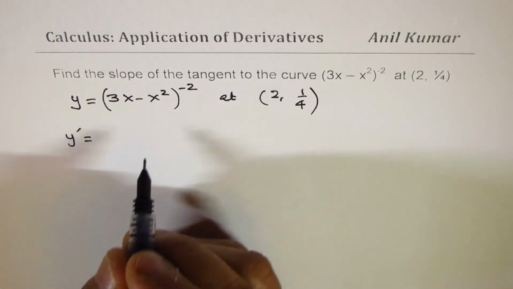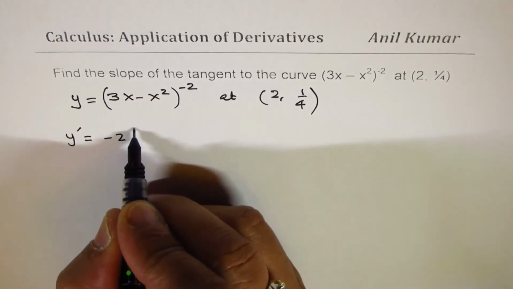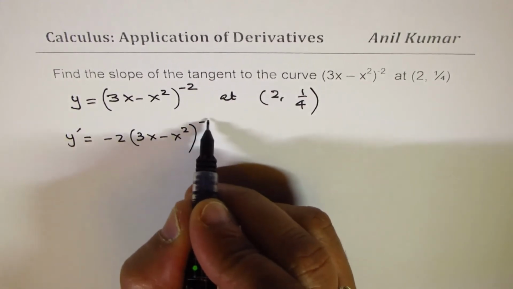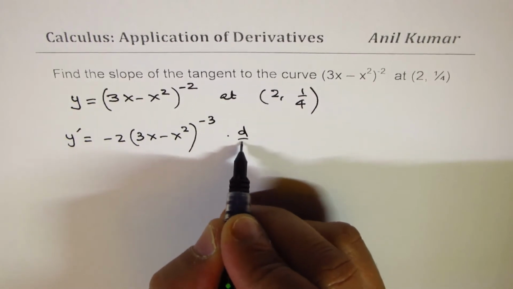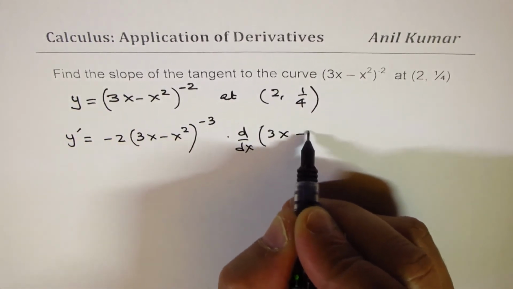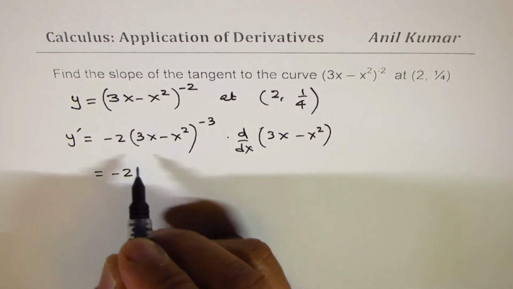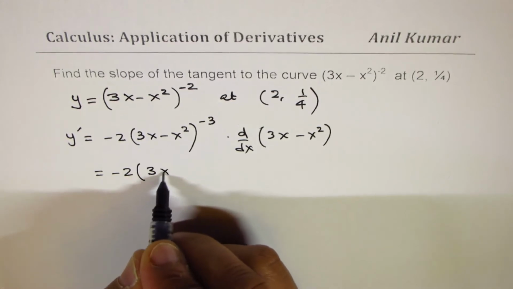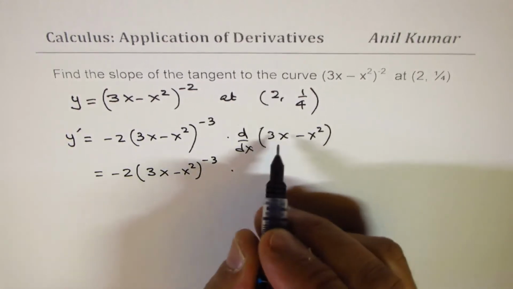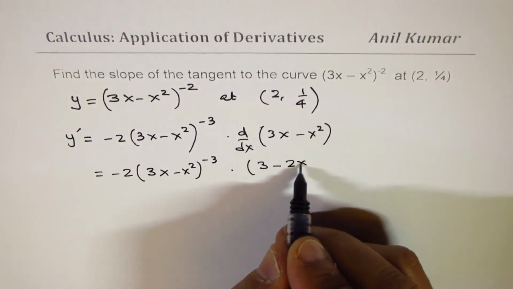So y dash equals, applying the power rule, minus 2 times (3x minus x squared) to the power of minus 3 times the derivative of the inside function, which is 3x minus x squared. The derivative of this function is 3 minus 2x, right?